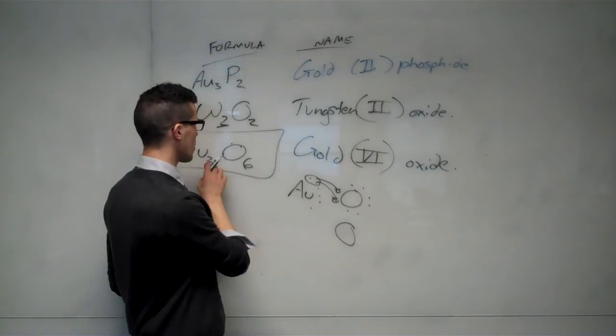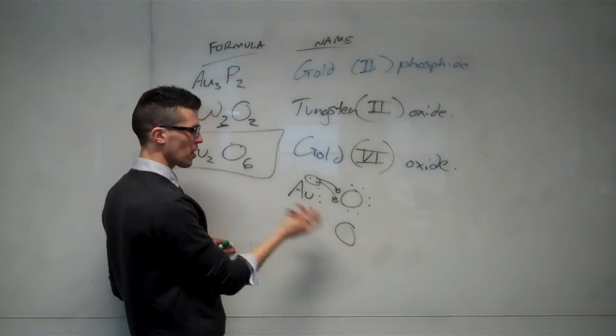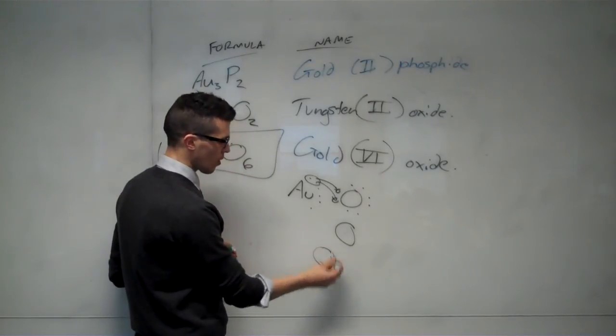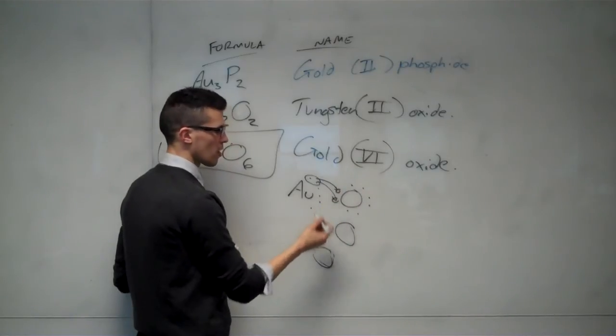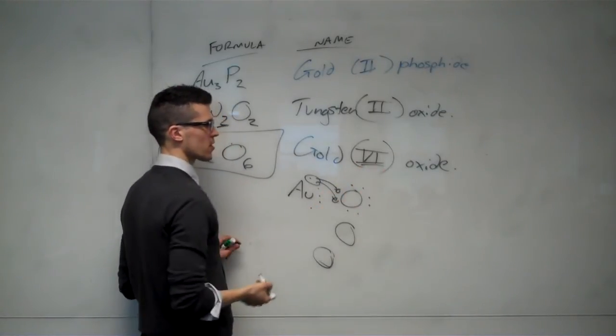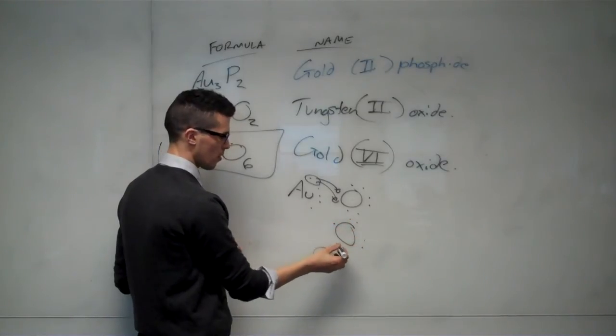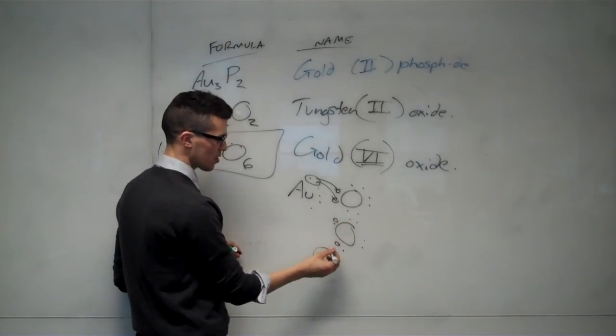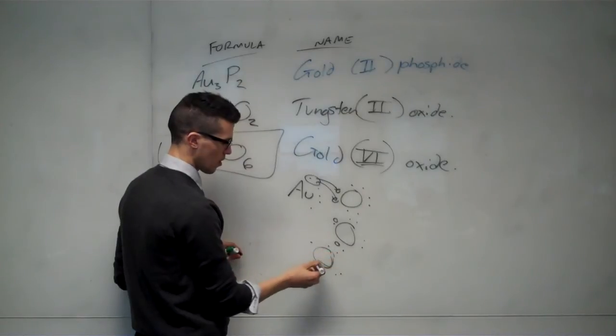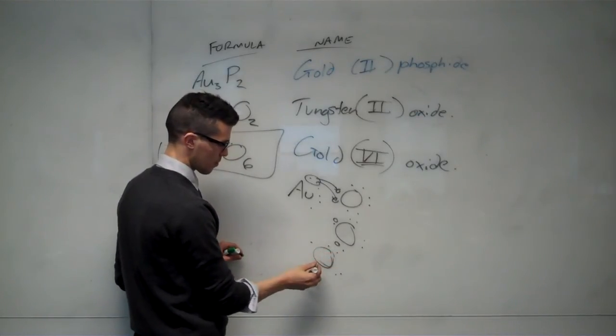You can have Au2O6, but a simpler way is to figure out how many oxygens are going to be around for 6. Is it AuO3? AuO3, yeah. I'm just going to give every single one of these oxygens first.